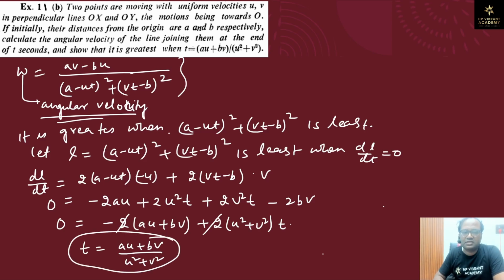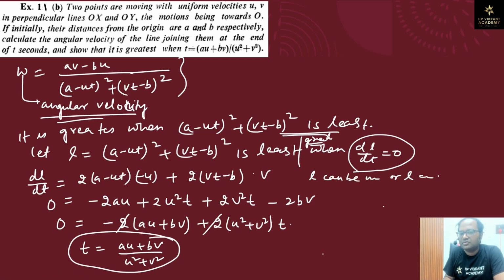Since dL upon dt is 0, this means L can be least or L can be greatest. In other words, L can be maximum or L can be minimum.